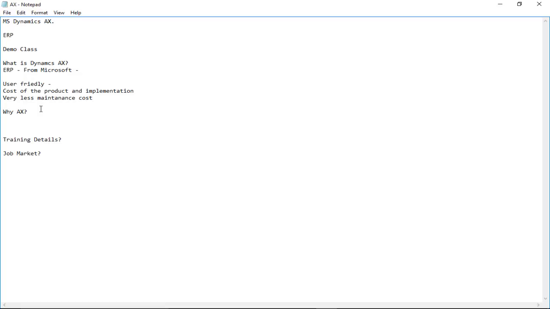Demand more, competition less. So demand and competition you need to see. When we compare with other ERP, if you decided to learn an ERP product, then compare with ERP products, not other IT products. If you see demand and competition, there is huge demand because of the above reasons: user friendly, cost of implementation is less, maintenance cost is less.